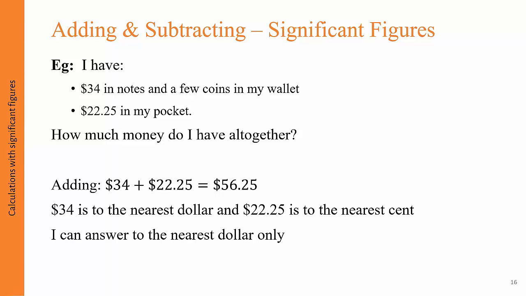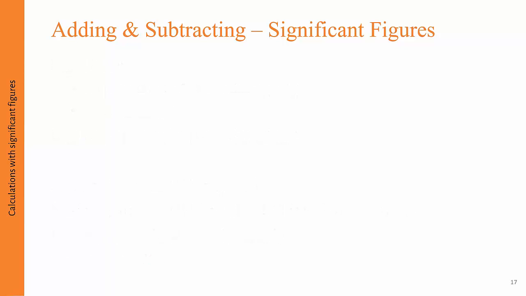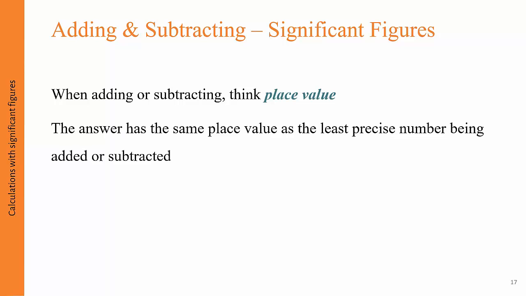And so I can't really answer to the nearest cent. I need to answer to the nearest dollar only. So I'll quote my answer as $56. When we're adding or subtracting, we think place value. The answer has the same place value as the least precise number being added or subtracted.